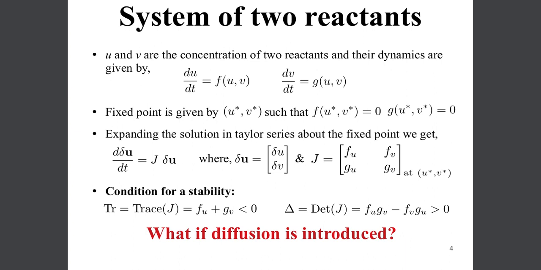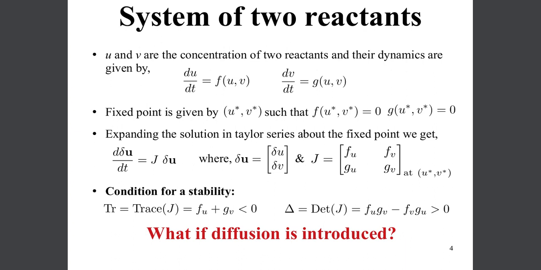And delta, the determinant, is the product of the two eigenvalues; if both are negative, it will be positive. So this is the condition for stability.